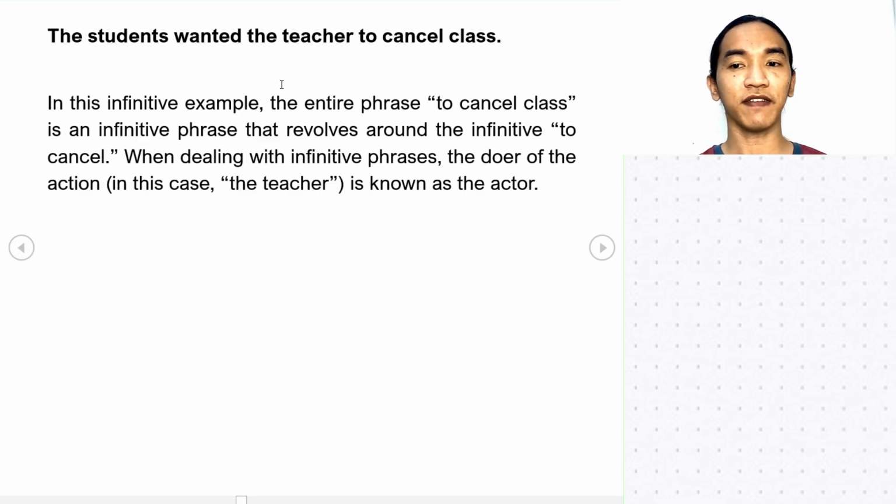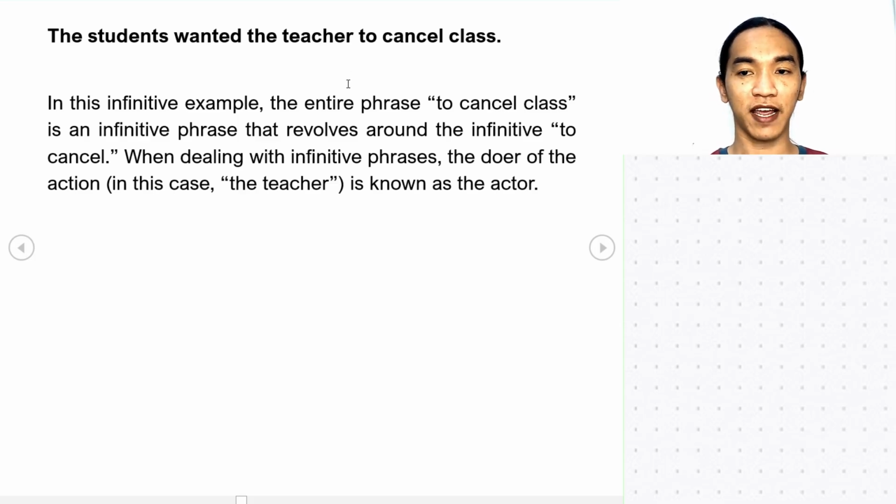In this infinitive example, the entire phrase to cancel class is an infinitive phrase that revolves around the infinitive to cancel. When dealing with infinitive phrases, the doer of the action, in this case the teacher, is known as the actor. So the teacher is the actor or the doer of the infinitive phrase.